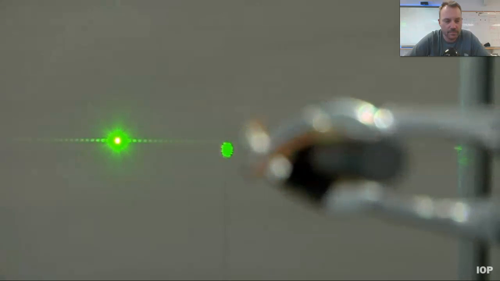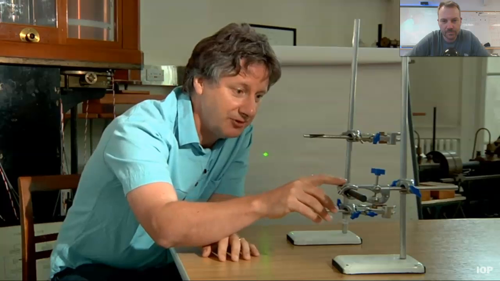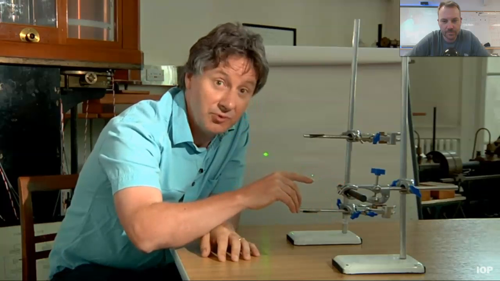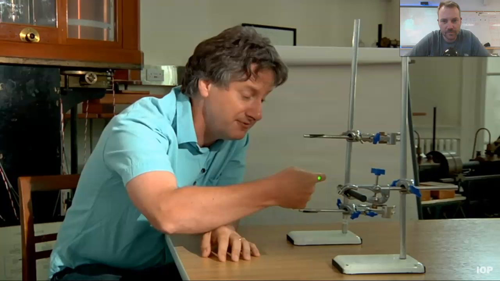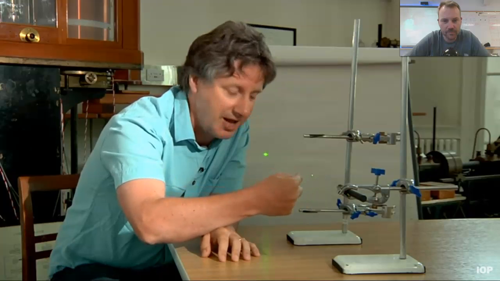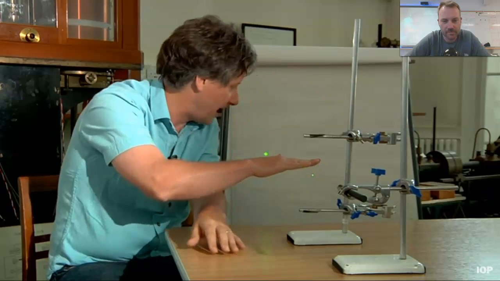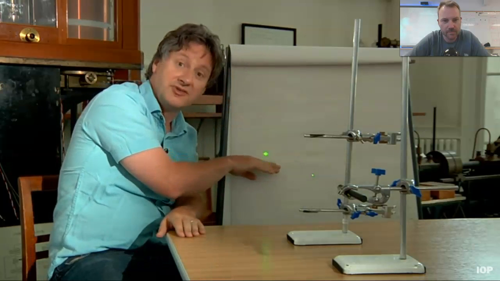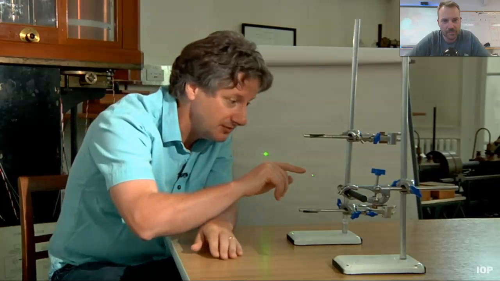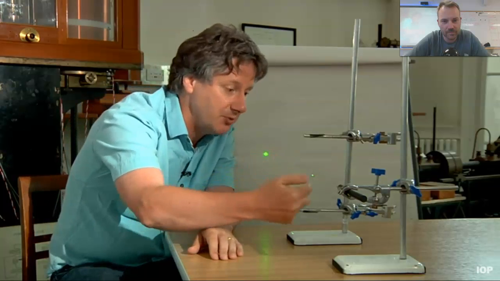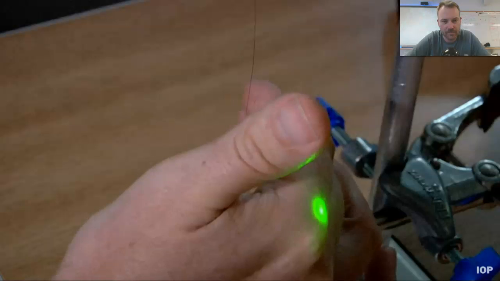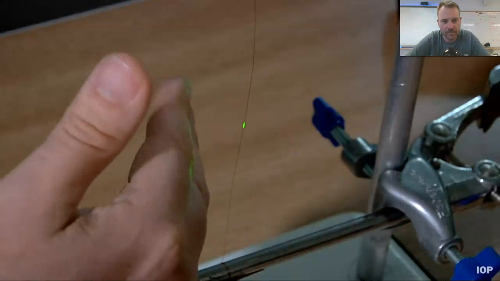So the question is, how do you relate this pattern to the wave nature of light? Well, light waves travel from the laser over to the wire, and they diffract around each side of the wire. That is, they're bent to fill the space beyond and behind the wire, extending over to the screen. In this region, we observe interference between the light waves that have come around one side of the wire and around the other.